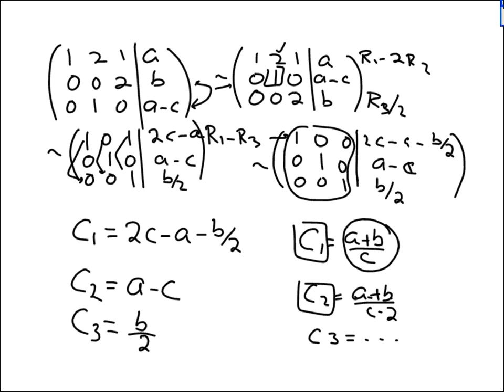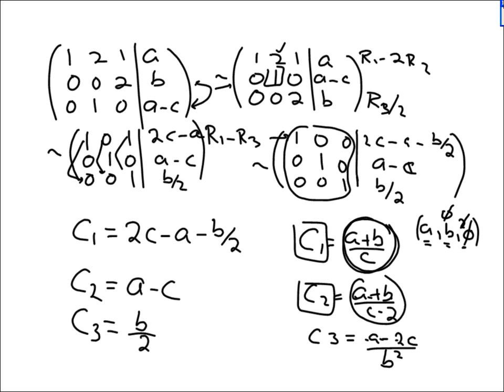The second component can't be 2. Sorry, the third component. You can only get A, B, and then not 0. You can get any for the first so far, any for the second, but you can't get 0 or 2. You can't get 0 and you can't get 2. And if C3 was A minus 2C over B squared, then B, you can't have 0.